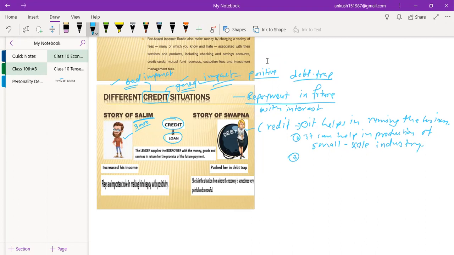Then the positive role of credit can be said in the form that if you are taking house loans and education loans, they help people in construction of houses and promoting education of their children.